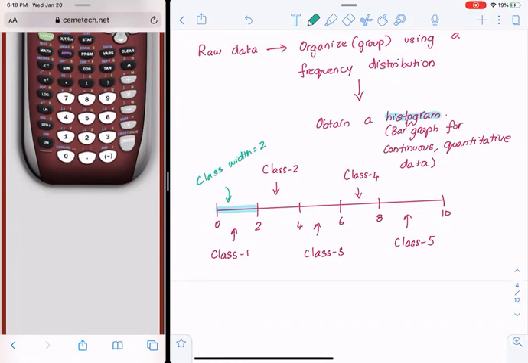But in practice, there are ways to choose classes in such a way you can see the data better. And how do we choose that? It comes with experience, depending on the size of the sample and the amount of outliers you have, and so forth. Once we get a good feel for the data, we can determine the number of classes that are required to form a nice histogram.